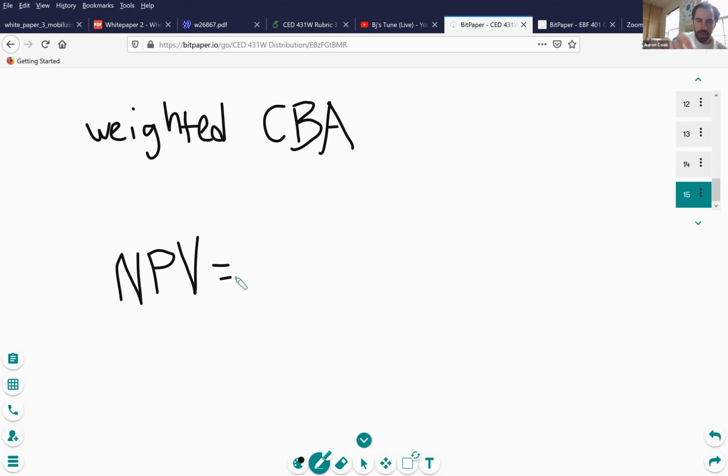So I want to just point out what this general weighted CBA framework is before we move on to another kind of empirical method for figuring out what these weights could be. I want to just put this up here.